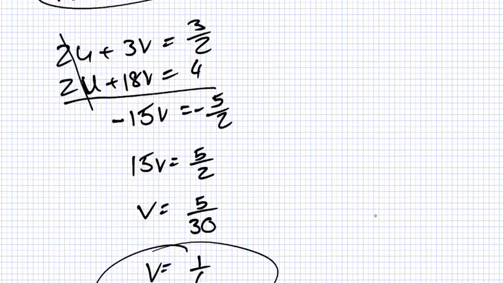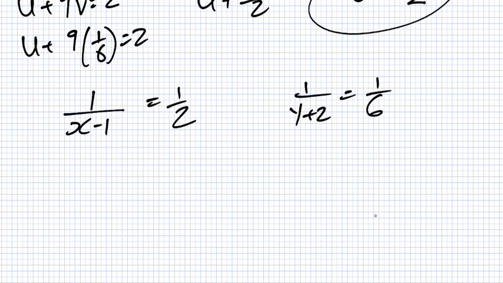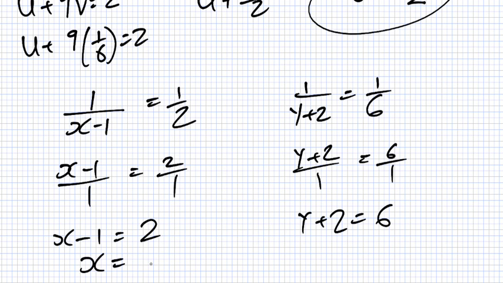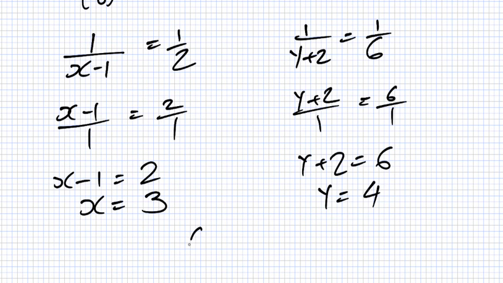If I flip both sides upside down, I'll have x minus 1 over 1 equals 2 over 1, and y plus 2 over 1 equals 6 over 1, or x minus 1 equals 2, and y plus 2 equals 6. So this means x equals 2 plus 1, which is 3, and y equals 6 minus 2, which is 4. So the answer is 3, 4.